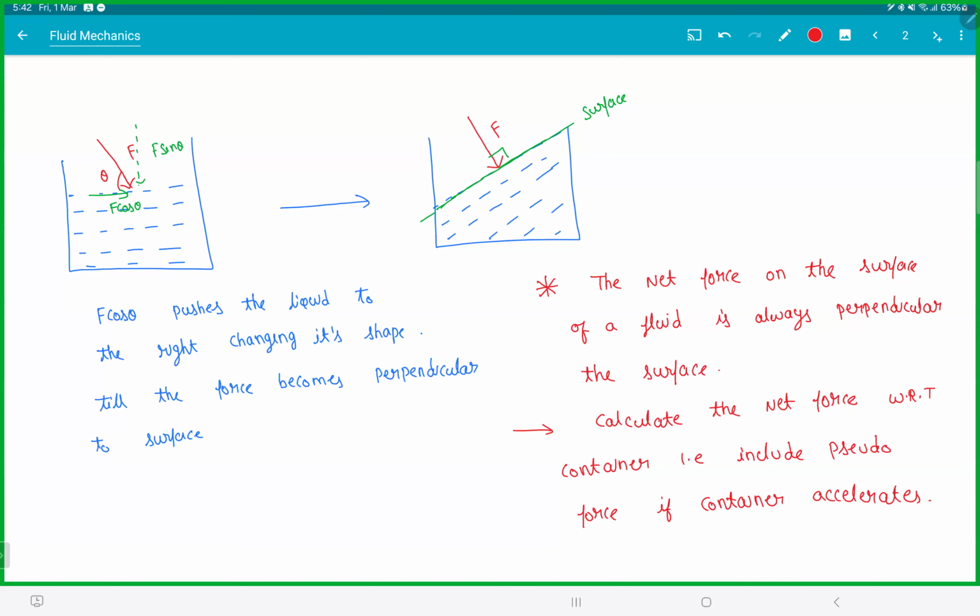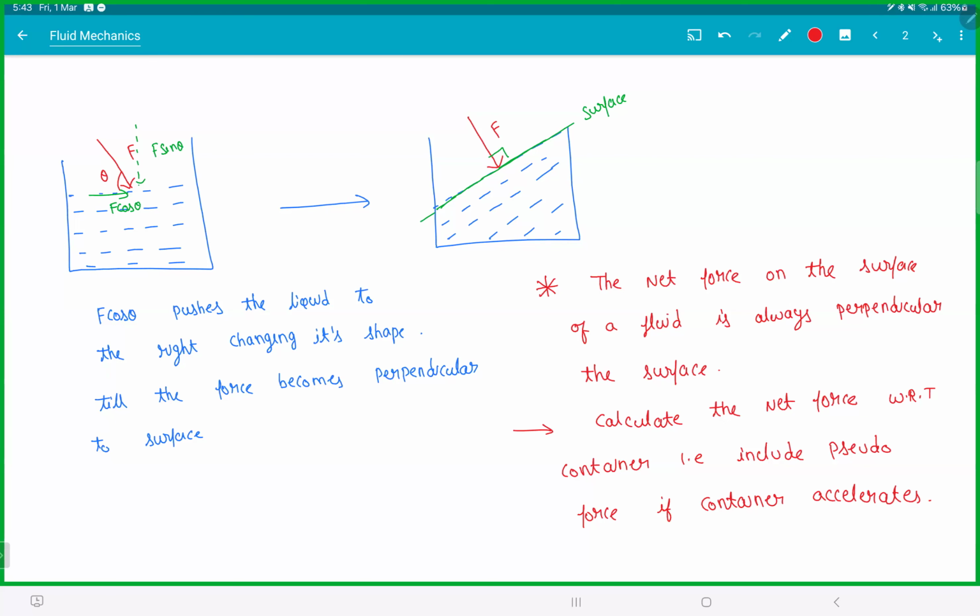So the liquid will keep moving until the force becomes perpendicular to the surface. Clear?